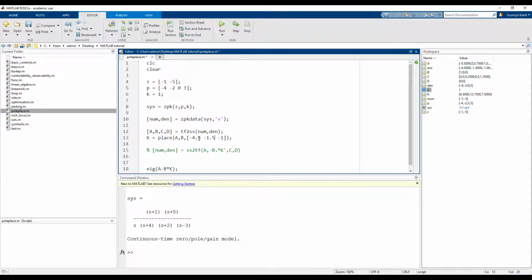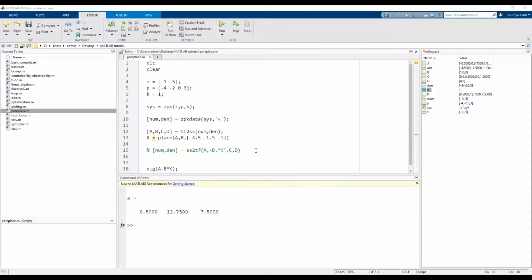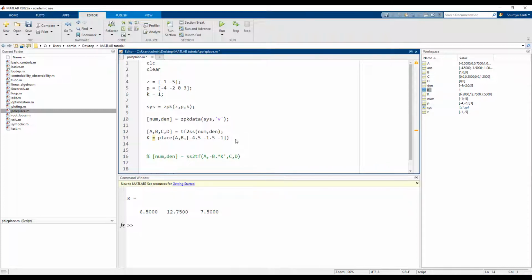Suppose I want the poles to be exactly at 4.5, minus 1.5 and 1. I give that and press enter. It gives me the values of K, the specified K. Previously, if I wanted to find the eigenvalues of A, you can see the eigenvalues were these.